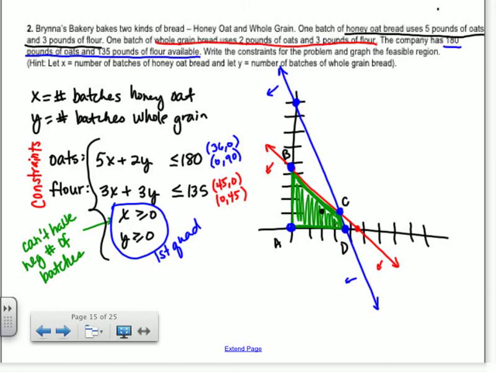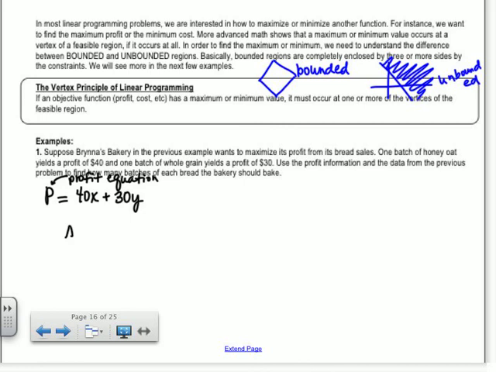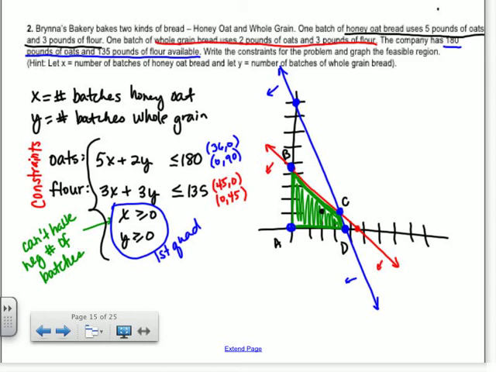Okay, some of these are really easy to find. Let me write corner points so you guys remember what these are. A is 0, 0. B, that was pretty easy to find. Do you guys remember what that was? Yeah, 0, 45.